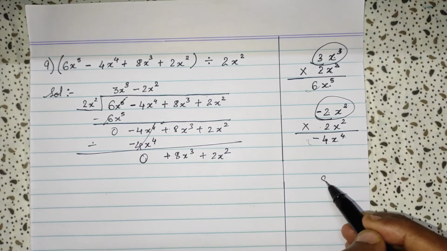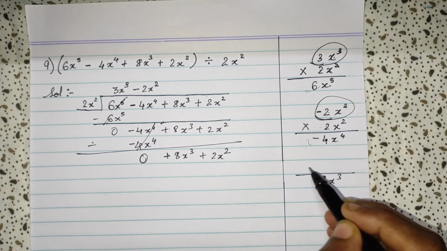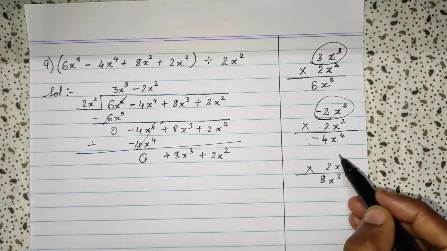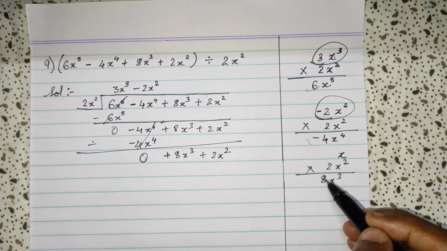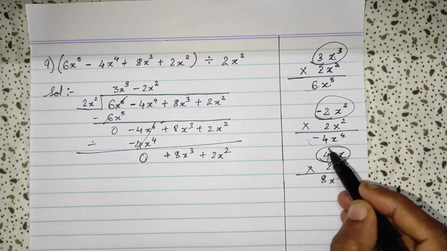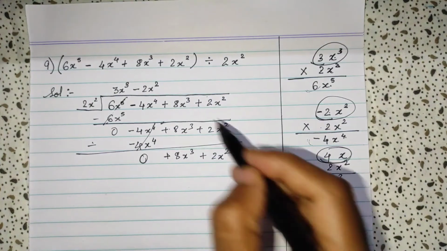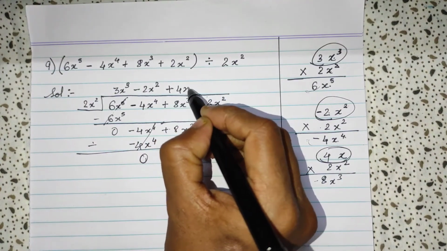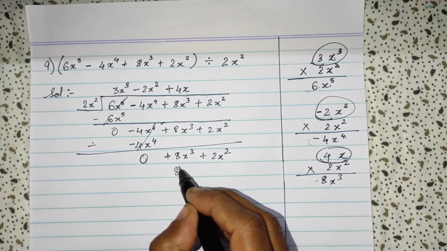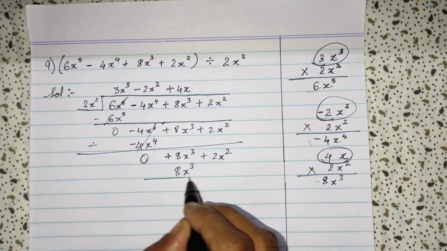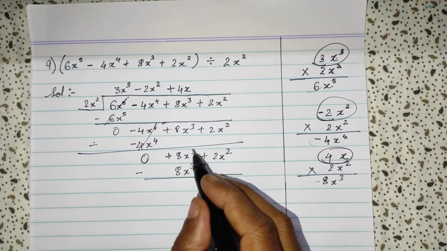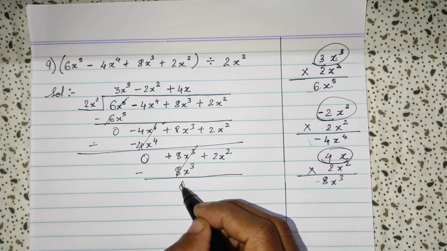So now you need 8x cube and you have 2x square. You have square, so only a single x you need, and 8. So 2 4s are 8. So this is 4x and positive. So 2x square into positive 4x is your answer. So minus into plus is minus, 0.